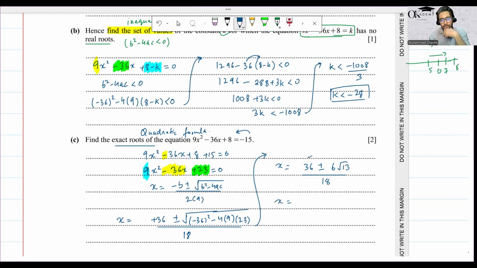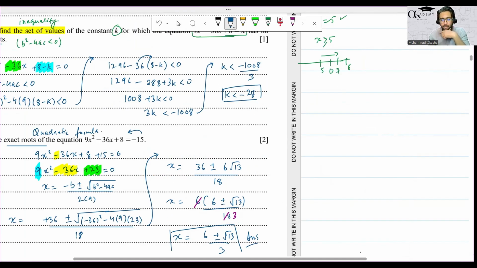I can see that I can factor out 6 as common. So 6, and this is going to be just square root 13 over 18. And if I were to do the cancellation, 6 times 1, 6 times 3 is 18. And I got two values of x, which is over 3. That is my answer.